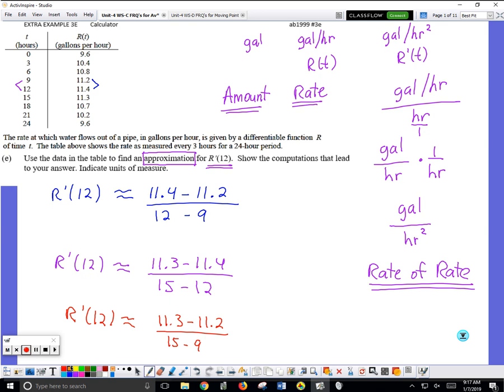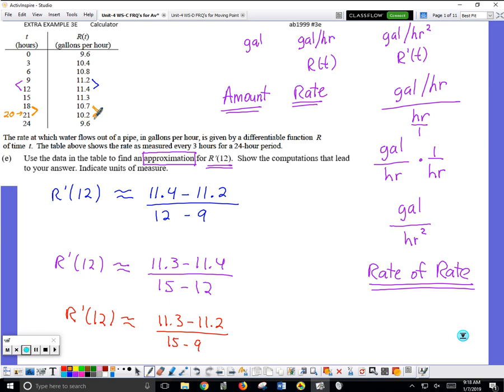And because 20 is not in the table, there really is only one choice, and that's to find the secant slope from here to here. So the concept doesn't change. You're still finding the nearest secant slope, but there's only one choice, really.